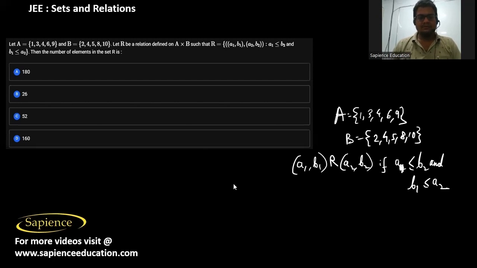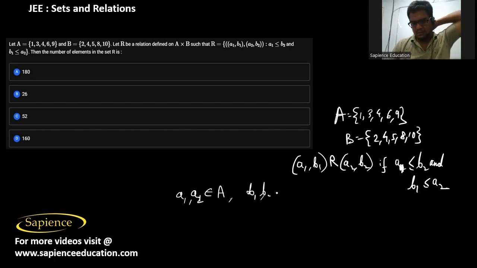Yes, so here actually a1 and a2 should belong to set A, and b1 and b2 should belong to the set B. So therefore a1 can be 1, 3, 4, 6 or 9.